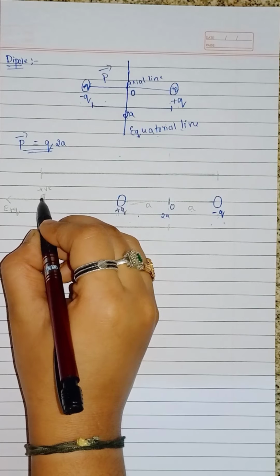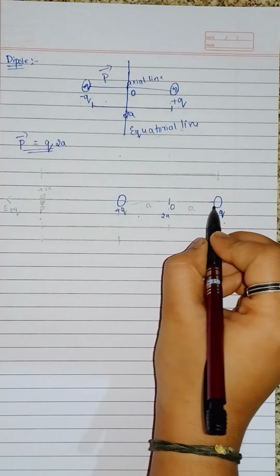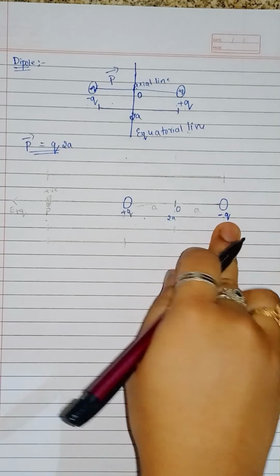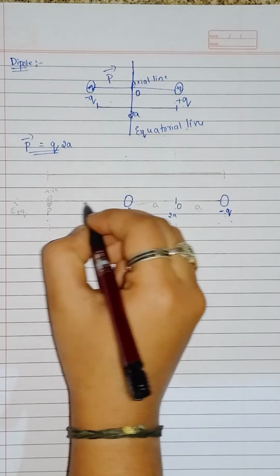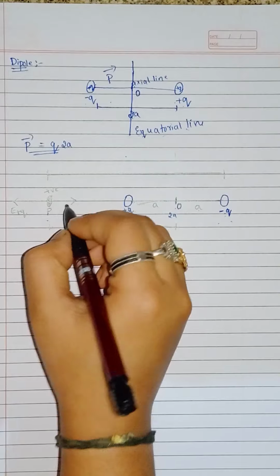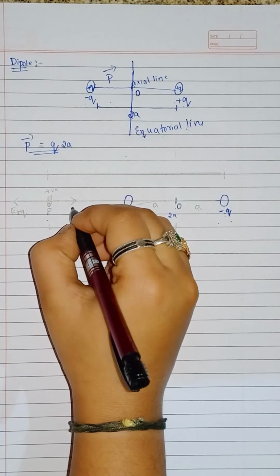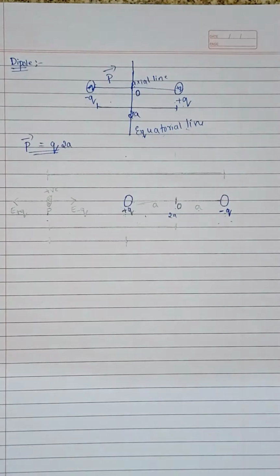Next, again we place a unit positive charge at point P, but now we check the electric field for the negative charge. The electric field is towards negative q, because unlike charges attract.